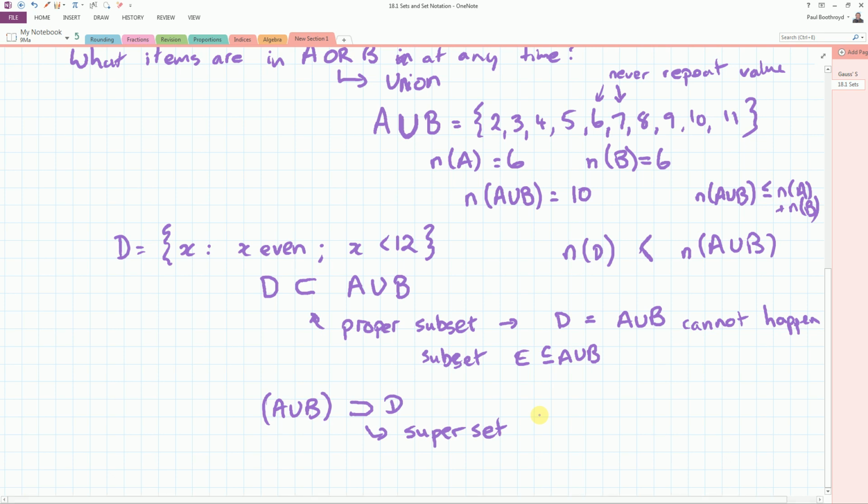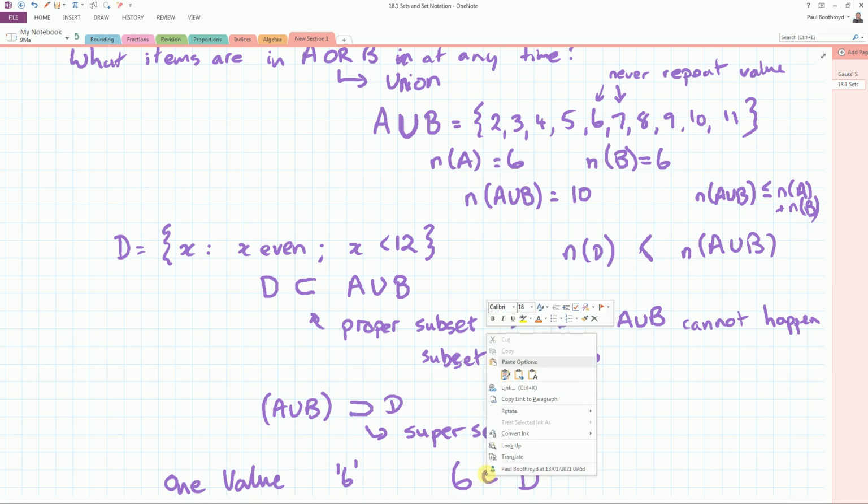Next bit is the member of symbol. Now, member of is a bit like this subset. And a special case of it is when you're talking about just one value. Like 6, I can say 6 is a value inside D. But as this is only one value, we put a line through it to say it is a member of.